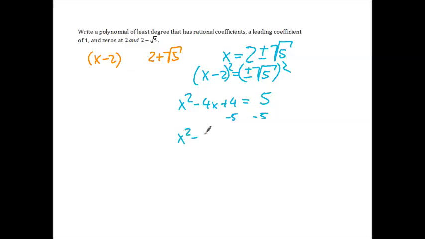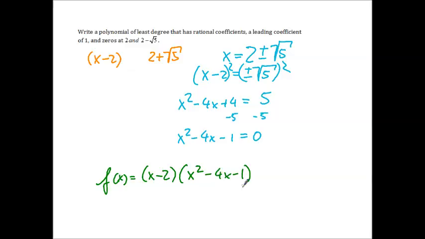X squared minus 4x minus 1 is equal to 0. And now, based on this, we can write our final function. f of x is equal to x minus 2 times x squared minus 4x minus 1, all in parentheses.